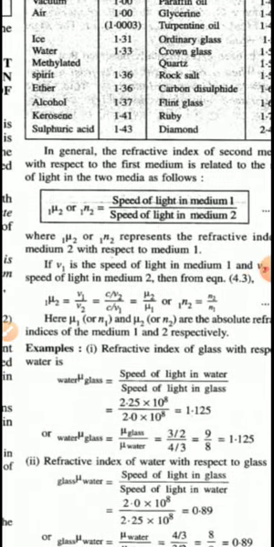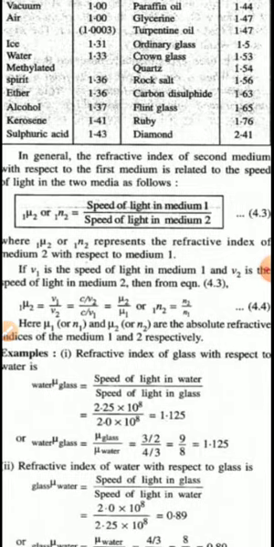Suppose in case air is not involved. Now consider a case where light has to move from glass to water, and then it has to move from air. If air is not involved, how do I write my formula? Therefore, speed of light in medium 1 to speed of light in medium 2.